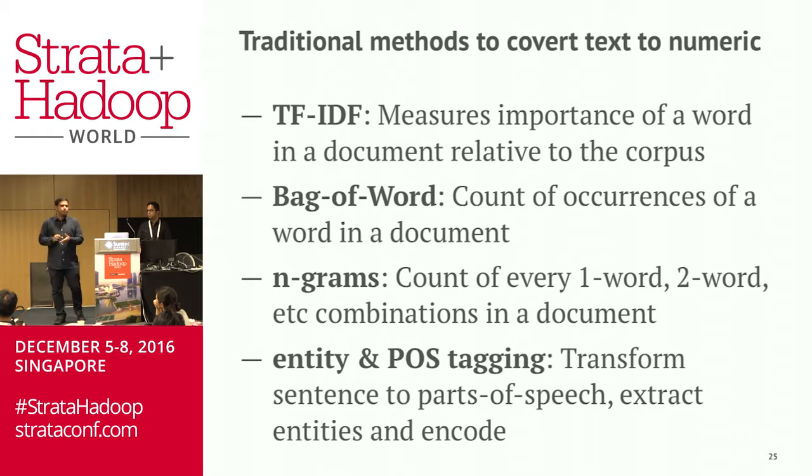We'd do n-grams, maybe unigram, bigram, up to trigram, maybe just bigram, because it starts to explode very fast. And maybe do entity and part of speech tagging, transforming the features into entities and POS tags. And this method is very valid and has been widely used for the last 15 to 20 years.